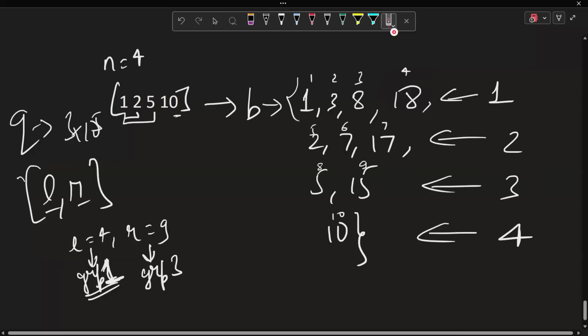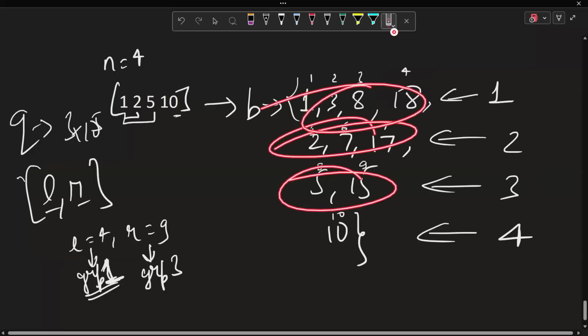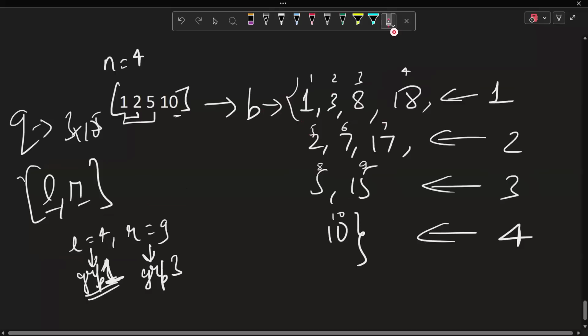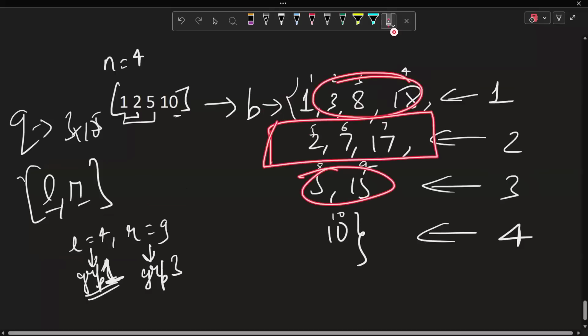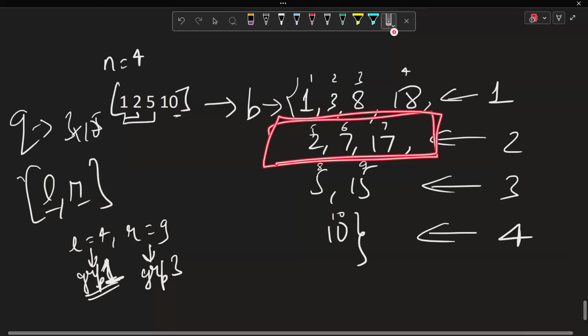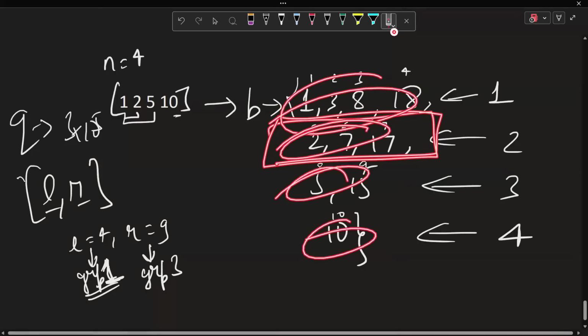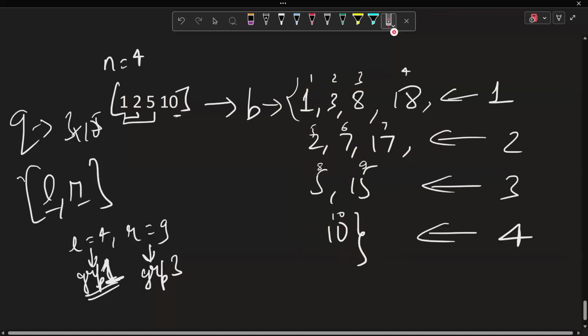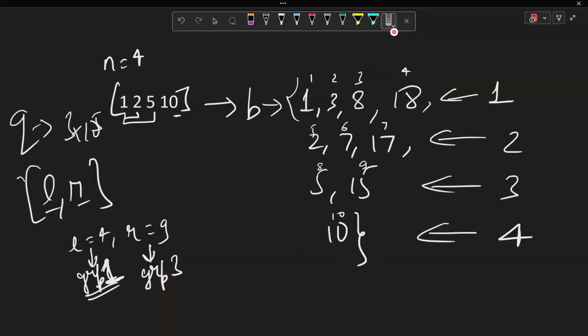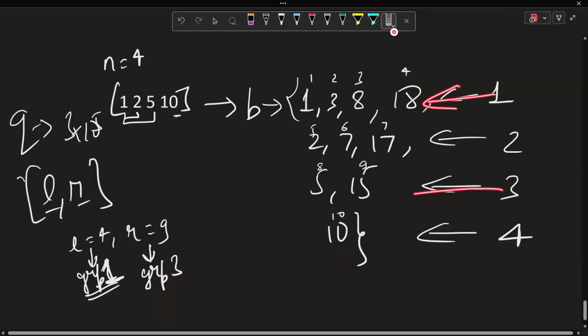So if you can compute the sum of every group, then if L is somewhere in group 1 and R is somewhere in group 3, for all the groups in the middle, their complete sum would come. So if I can pre-calculate the sum of every group, there are n groups, then I can compute the sum from group 1 to group 3.